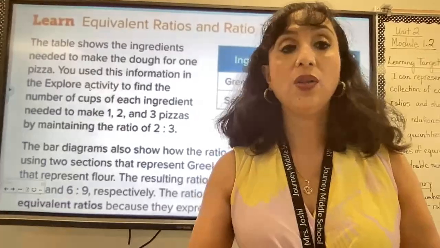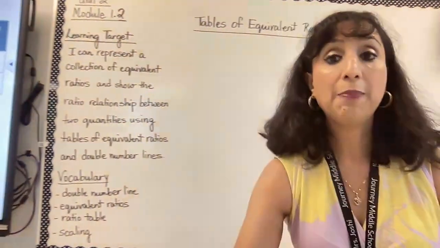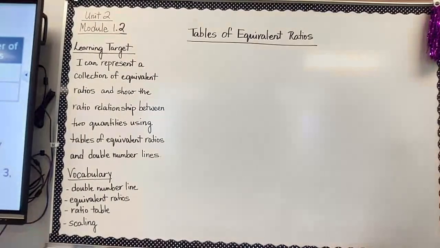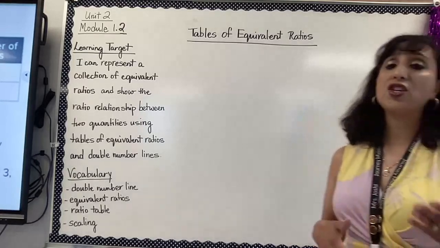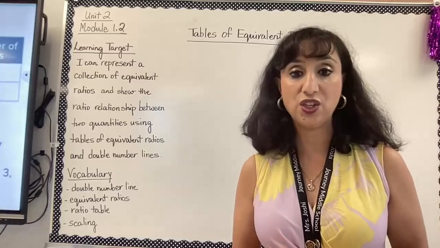All right. So the best way I can quickly show you is first with a bar diagram. So let's look at this. First, let's see what an equivalent ratio is. An equivalent ratio is a ratio which expresses the same ratio relationship between the quantities, okay? So same ratio relationship.